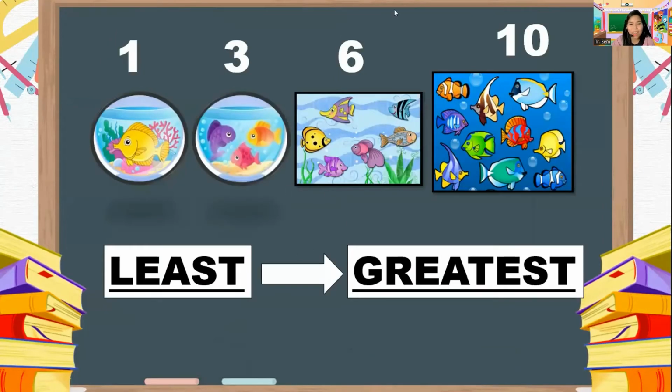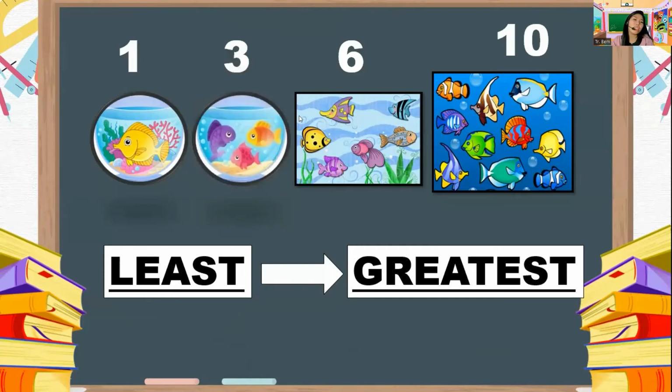Oh, here we go. It's already arranged pala. So the first set, we only have 1, which is the smallest number. So this is the least or the smallest. And the second one, after 1, what's the next number? Is it 10? Is it 6? Or is it 3? Okay, so it is 3.